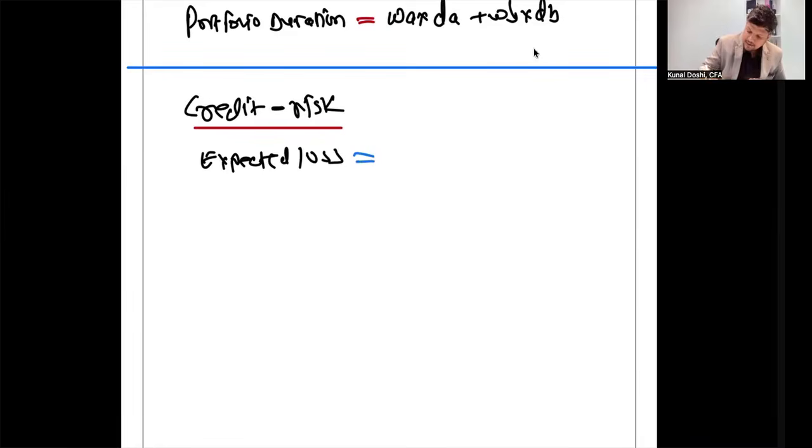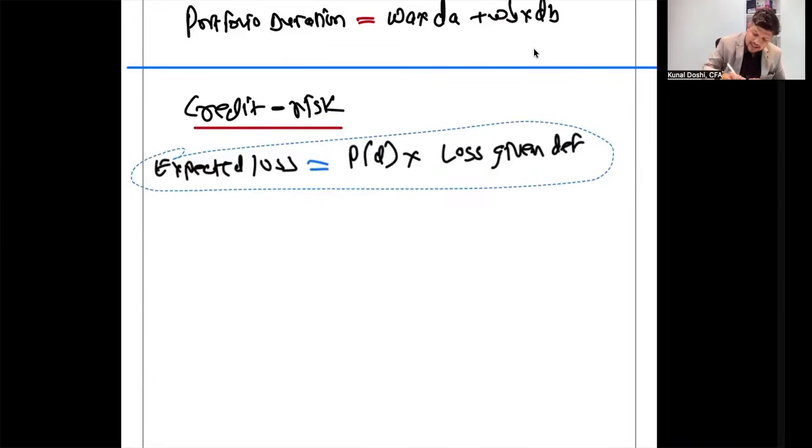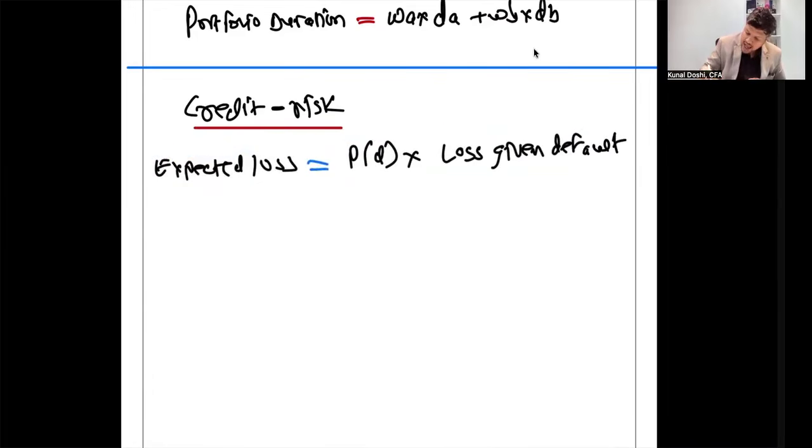What are the two things? Probability of default times loss given default. Are you with me? So if there's a default, how much is the loss? And loss given default is nothing but loss severity.